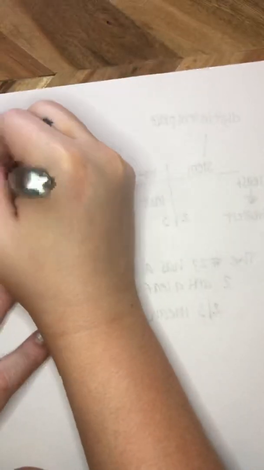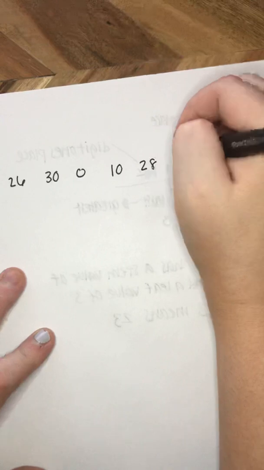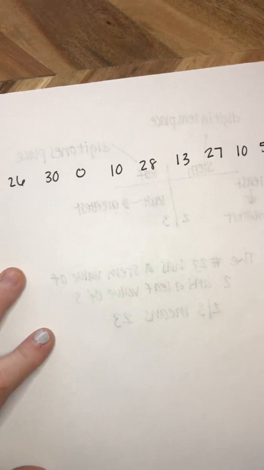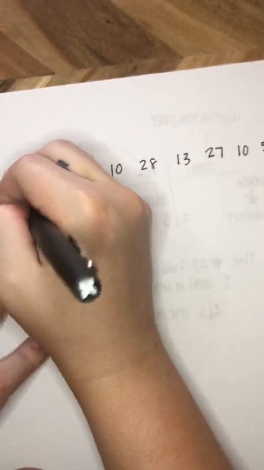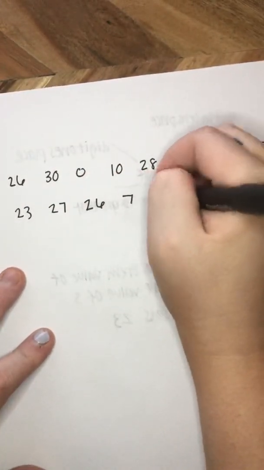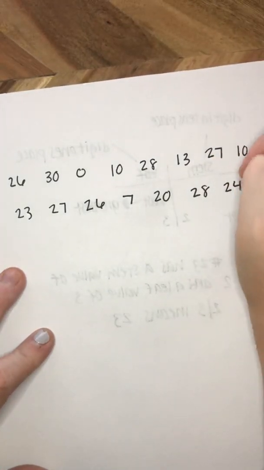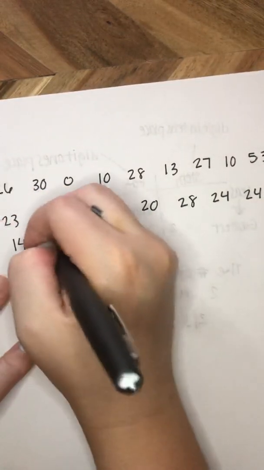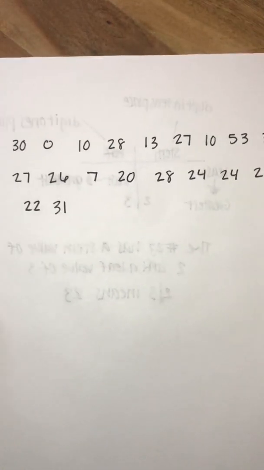So I'm going to write them down: 26, 30, 0, 10, 28, 13, 27, 10, 53, 31, 23, 27, 26, 7, 20, 28, 24, 24, 23, 14, 22, and 31. So we have all of our numbers there.